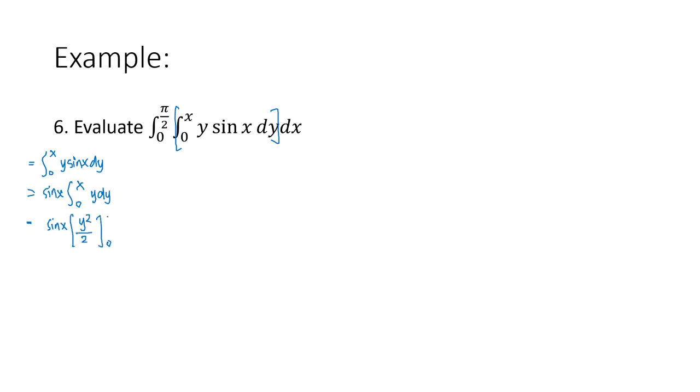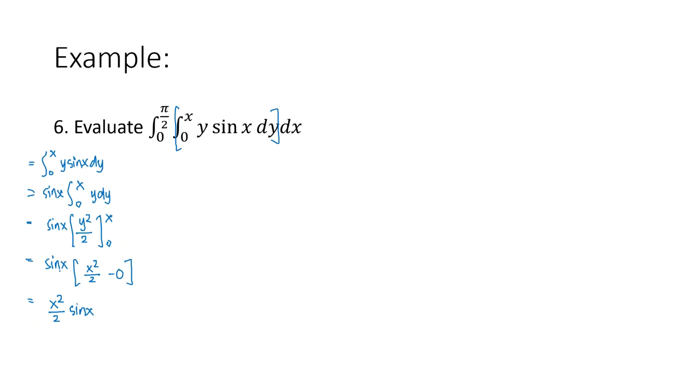And we have the limits from 0 to x. So we have sine x of x squared over 2 minus 0, or basically is equivalent to x squared over 2 sine x. So this is now for the first integrand.